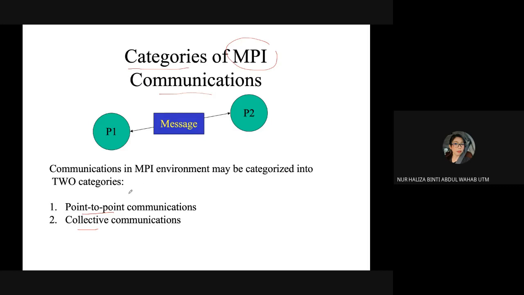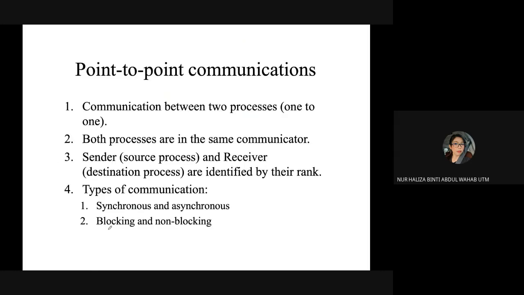What is point-to-point communication, what does it look like, and also collective communication. Now we're going to go one by one. I guess it's not too hard, only that it's kind of boring because it's just reading and theory. Throughout, you need to understand it.